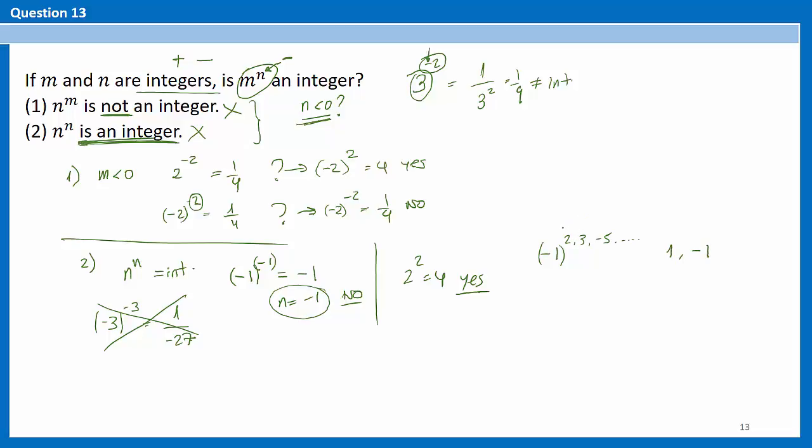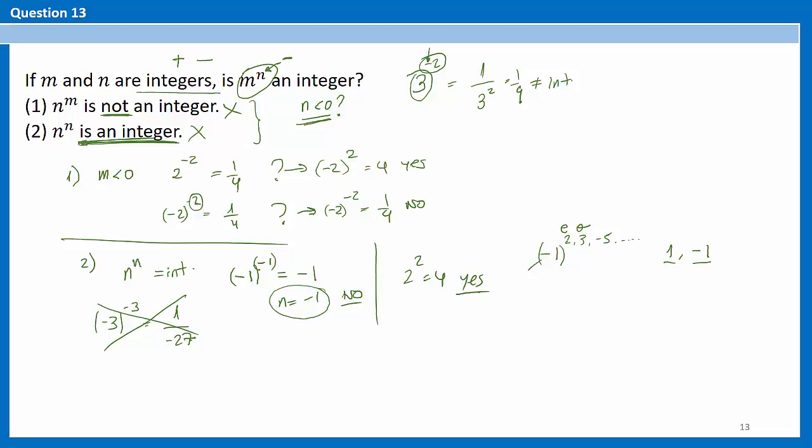Depending if it's even or if it's odd. But the statement says that it is not going to be an integer. But since the result is an integer, it means that I cannot use negative 1.